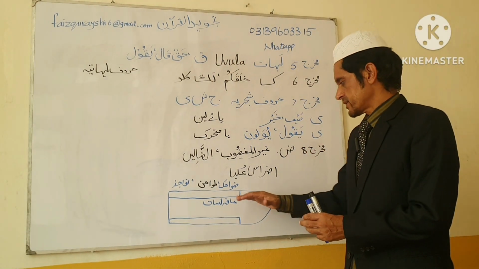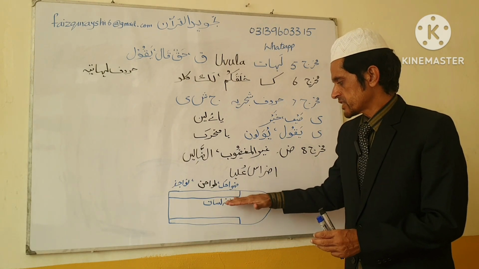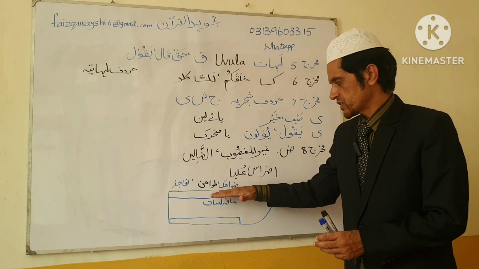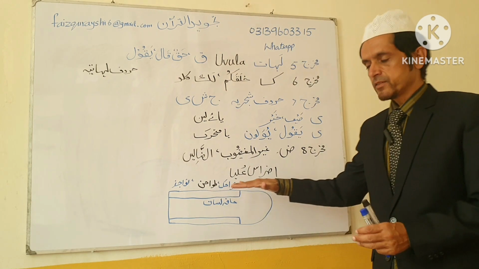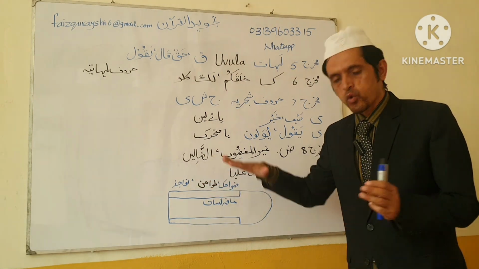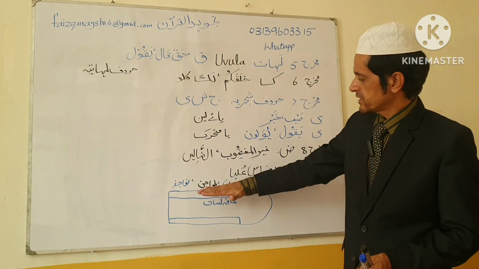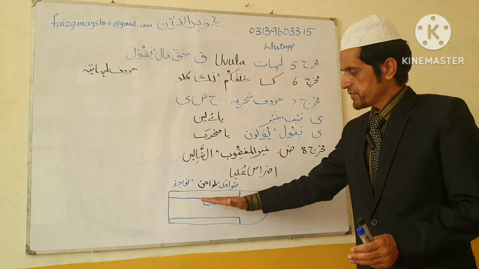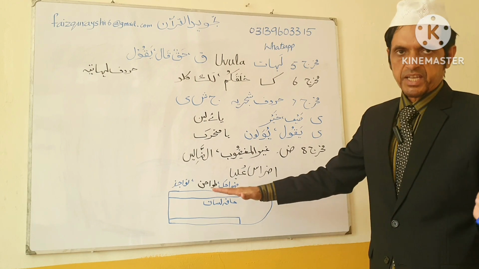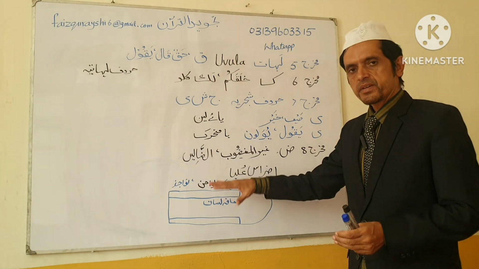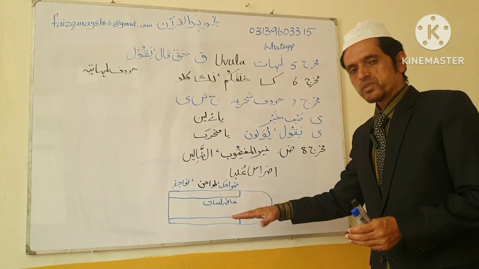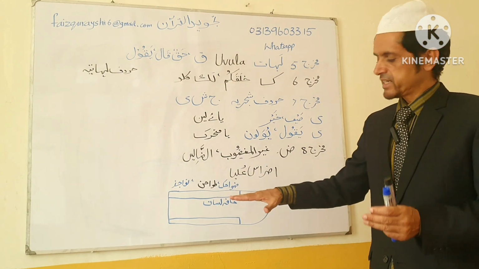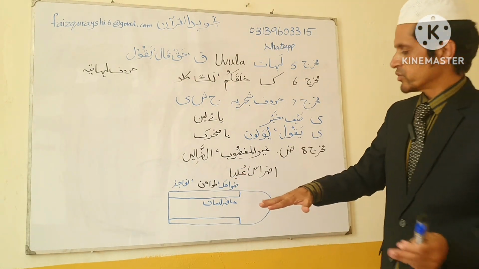So whenever this side of your tongue touches these teeth, these are 20 teeth, but 5 right side up, 5 left side up, 5 right side down, and 5 left side down.